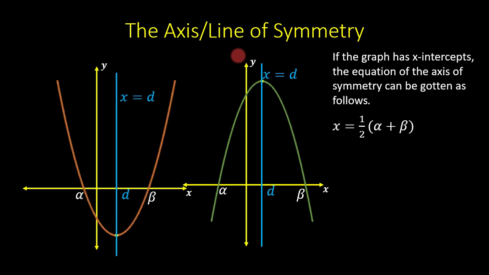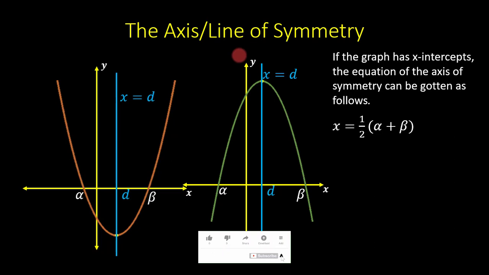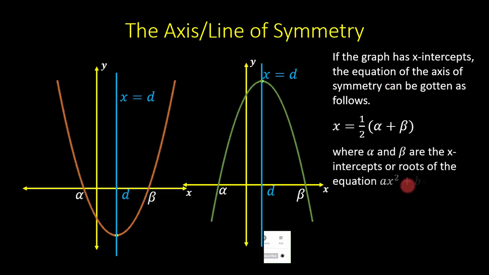In other words, the equation of the axis of symmetry is simply equal to half the sum of the roots, where alpha and beta are the x-intercepts or the roots of the equation ax squared plus bx plus c equal to 0, which is the corresponding equation that can be gotten from the function by setting y equal to 0.